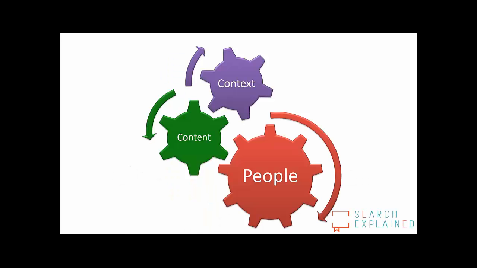When we talk about the content and when we talk about search, it's always the people, the content, and the context that have to go together, and this is what has to be respected and supported when we talk about search. So you have to consider who will be searching for what content in which context and how they will do this search.